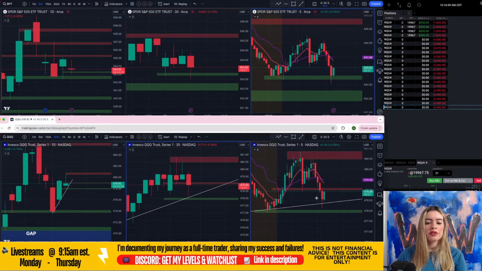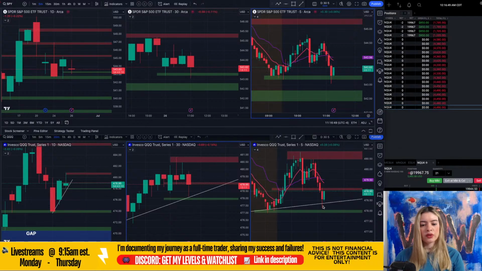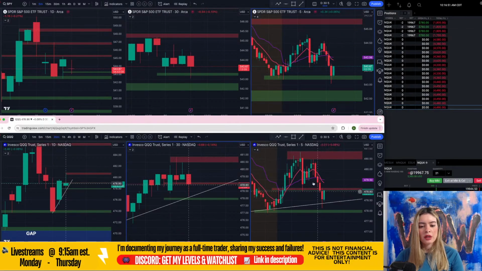You could definitely go up and retest the VWAP and then reject there and then just start bouncing around. So if you break this little level here, I'm getting out. I'm not gonna wait for the retest of the VWAP only to reject there or start bouncing around the rest of the day.